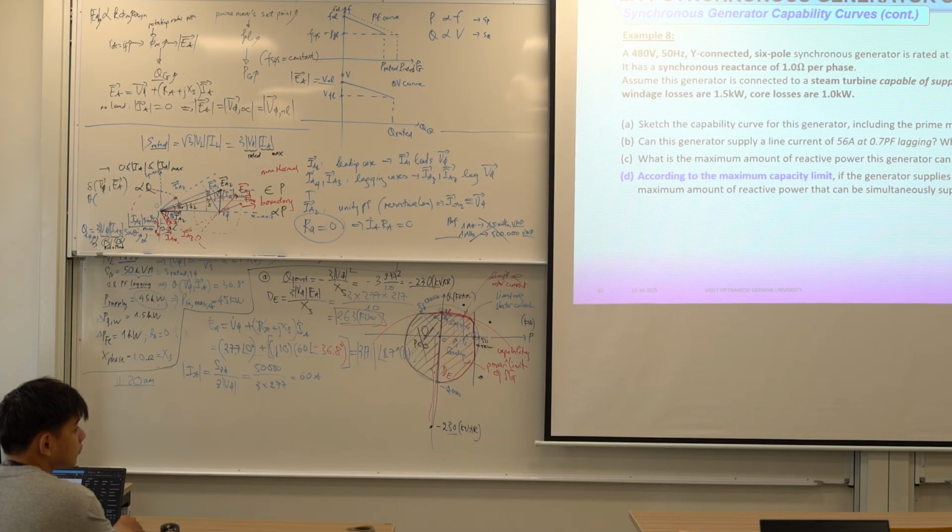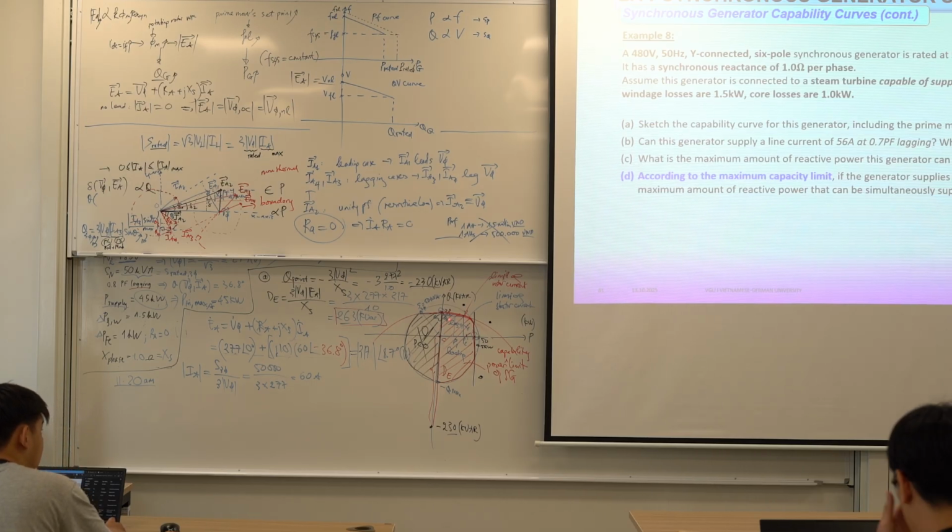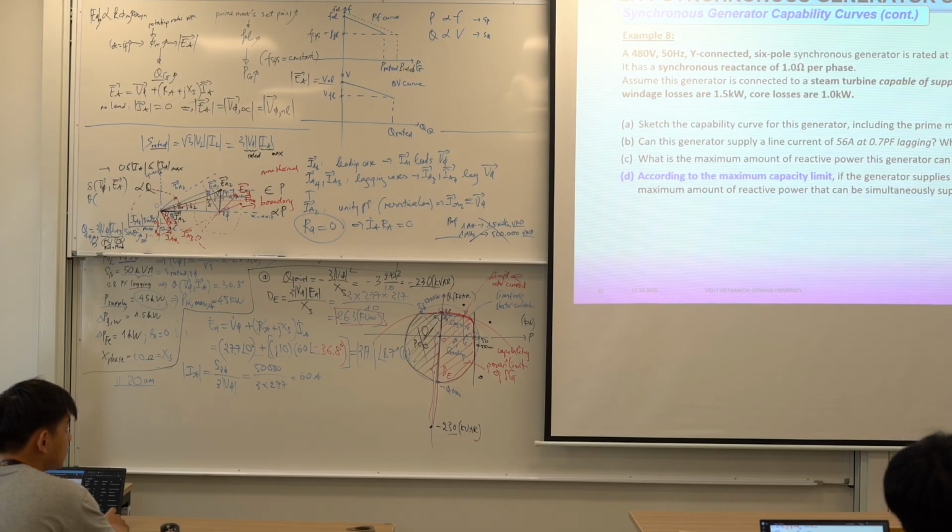Now they give us 0.8 power factor and IA. Of course, we need to calculate P new and Q new, and after that, we double check the new values of power with the power capability limit. If any point is outside of the limit, that means we cannot operate. So P new is what?